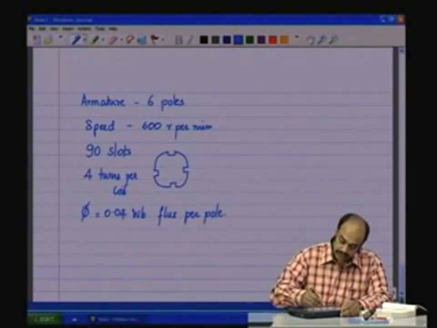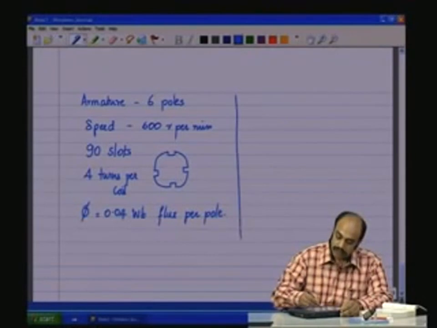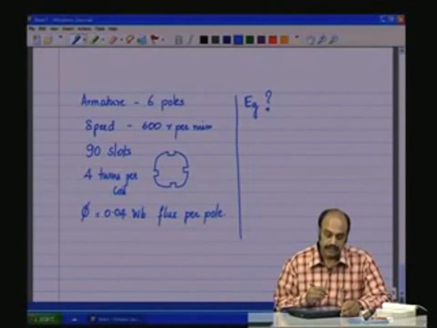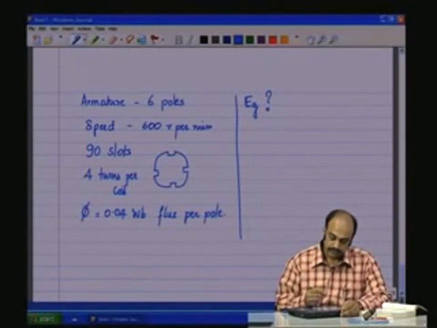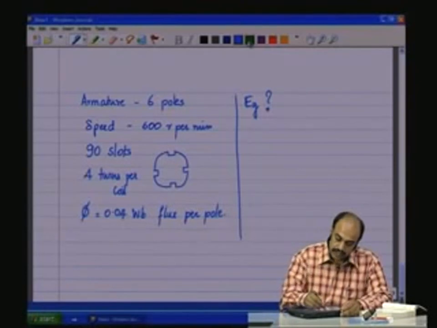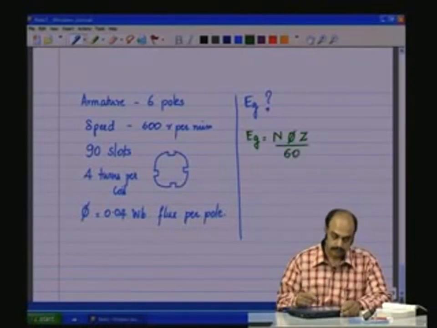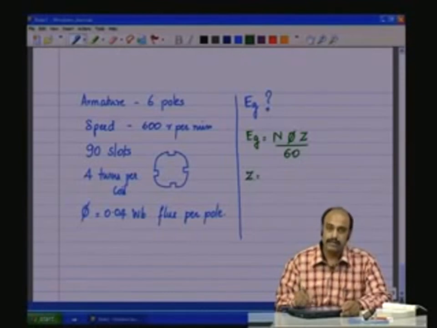So, given this information, what is EG? The generated voltage or the generated EMF. So, EG is N phi Z by 60. So, let us first calculate Z, total number of conductors in the armature.